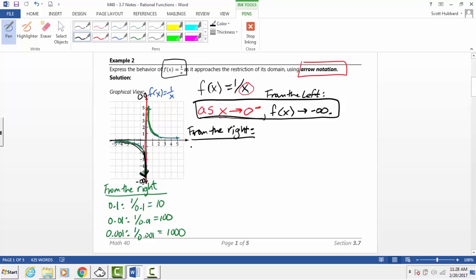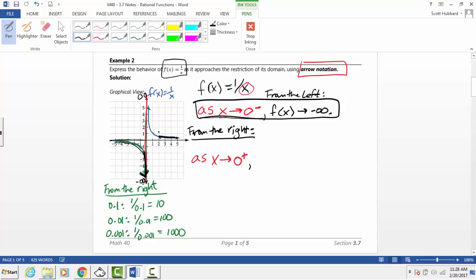So from the right, you always talk about what the x thing does first. So as x approaches 0 from the right, let's put my pen on the graph, and I'm here, and I need to approach this x equals 0 line.